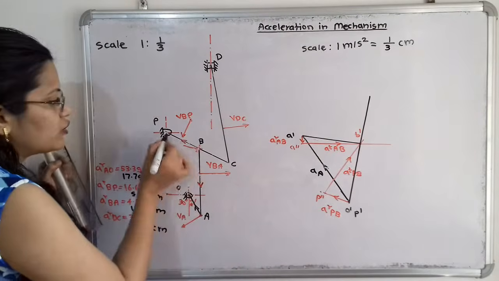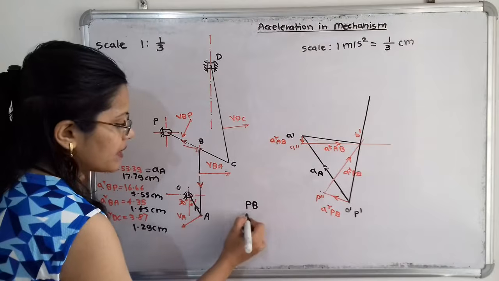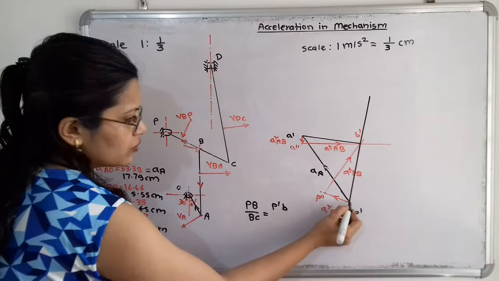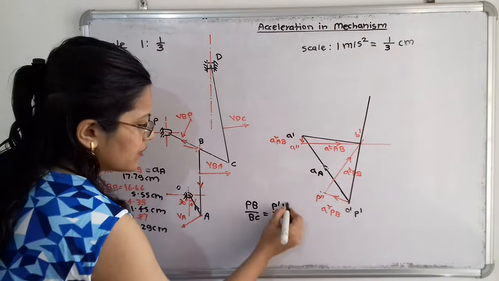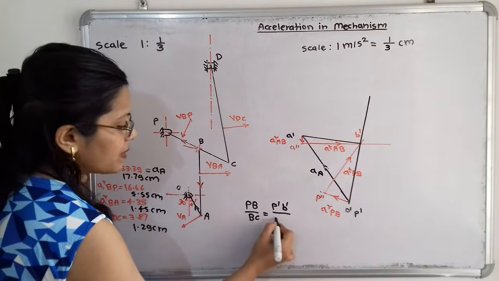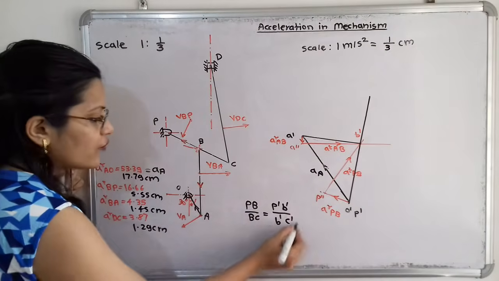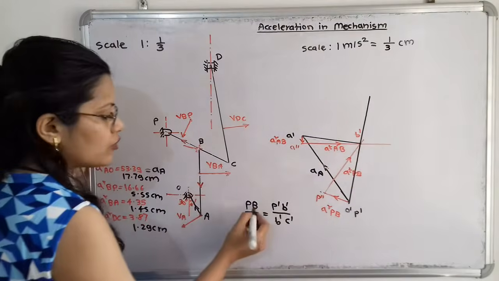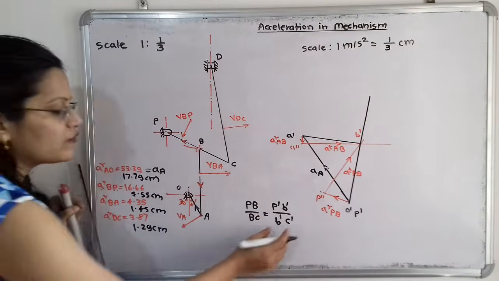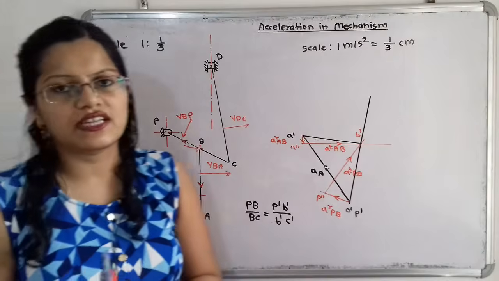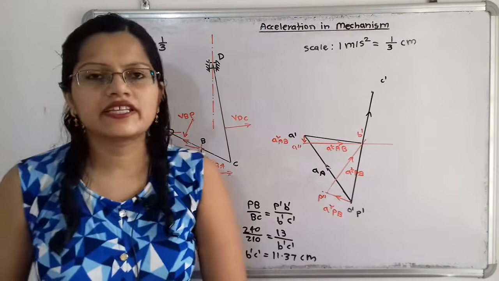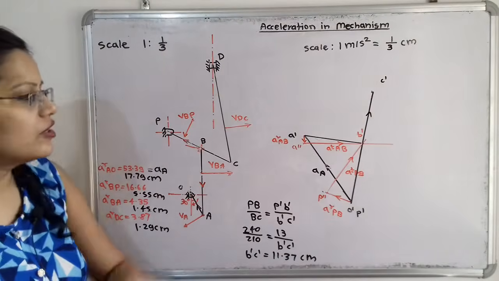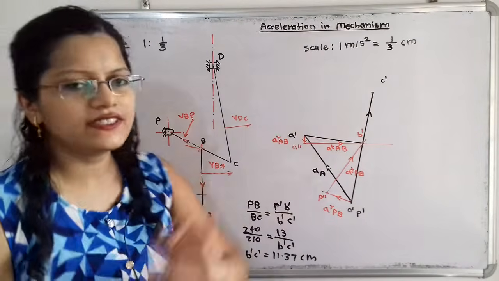We will take the ratio PB by BC is equal to P dash B dash divided by B dash C dash. Now we have to put in the values. This distance B dash C dash is unknown, but if all the other values are known, then we can calculate B dash C dash. Here the distance P dash C dash is equal to 11.37 centimeter. So from this P dash select the point C dash.